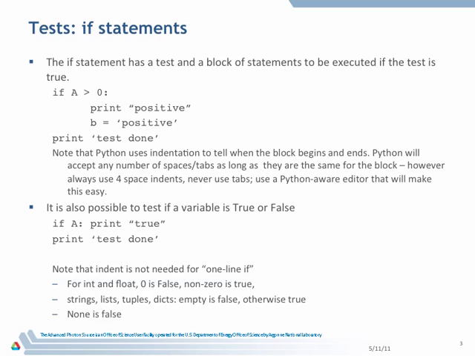If A is a variable, then I can test if the variable is true or false. Well, that works fine if it's a Boolean, but what happens if my variable is an int, for example? Well, for an int, 0 turns out to be false, and everything else is true. But the first thing I should have pointed out is that here I only have one statement to be done on my if statement.